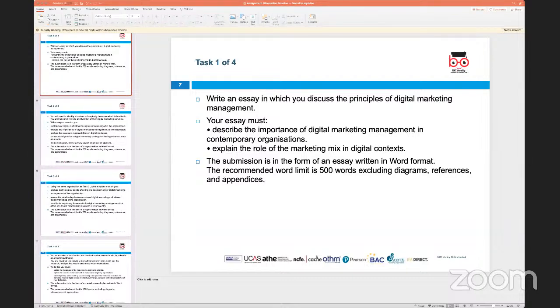Labeling clearly would allow us to identify what task it is, and in terms of assessment, it will become a bit easier. So let me now shift you over to a Word document, and we will keep switching between the presentation and the Word document in order to finalize the assignment.